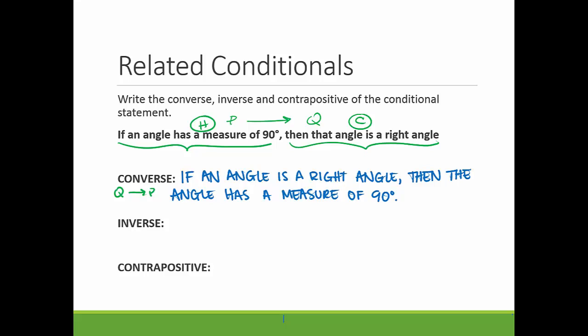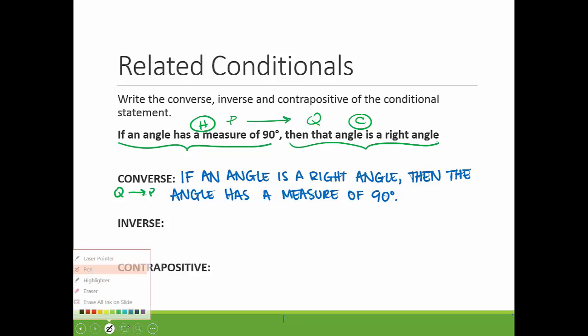And make sure you stay away from saying it or that. If an angle is a right angle, then that angle has a measure of 90 degrees. So don't say then it has a measure of 90 degrees when you're writing it out. So that's our converse. We just switched around our hypothesis and our conclusion.